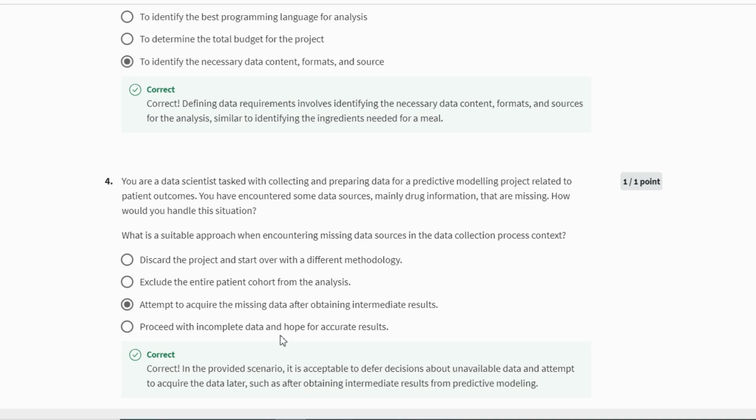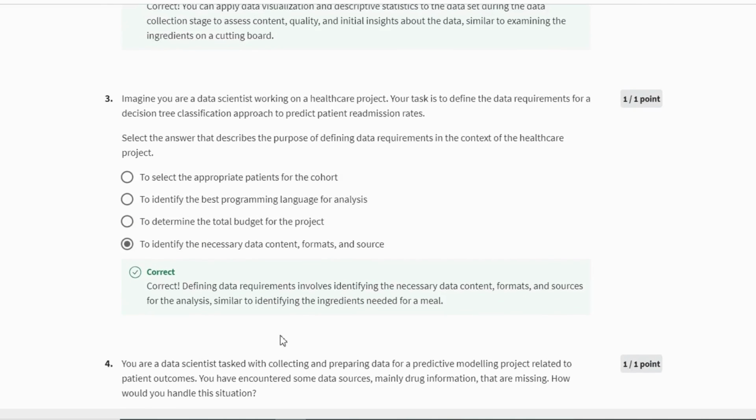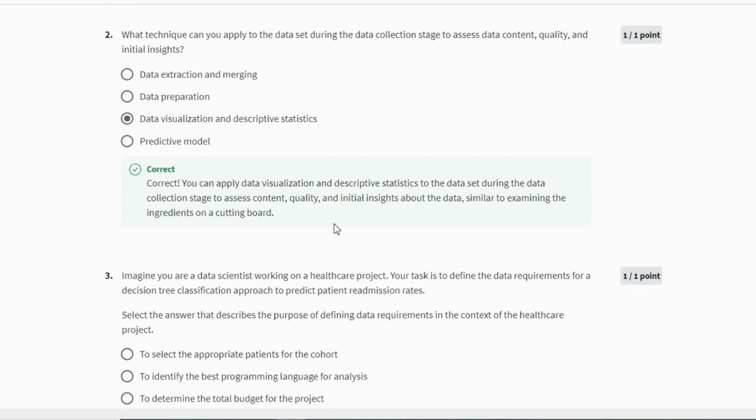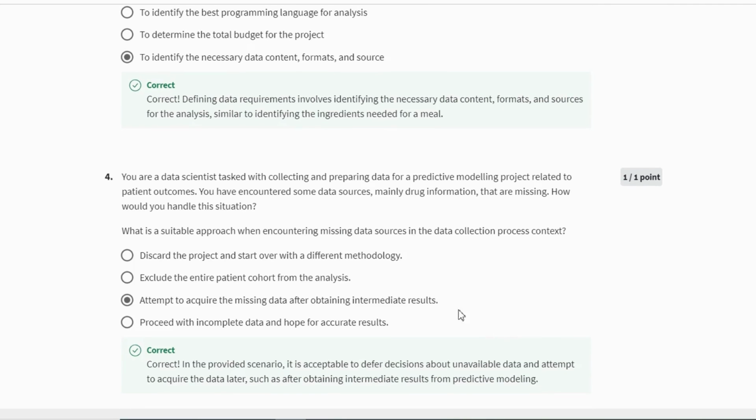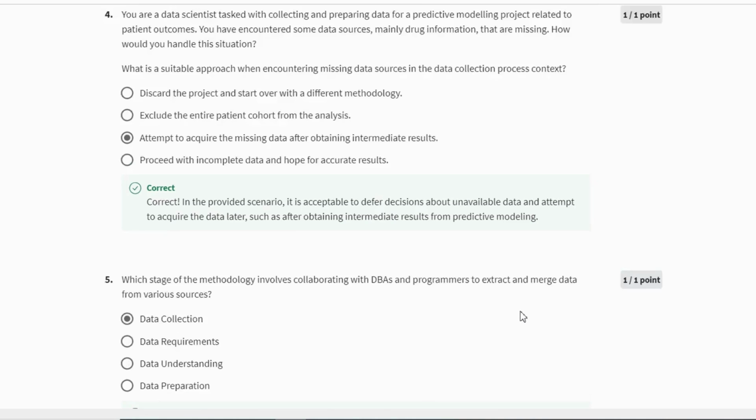So we would suggest that you attempt to acquire the missing data after obtaining intermediate results. As you get the intermediate results, you know that there is a missing value in some column, so you can attempt to gain the data to have clear insights of the data. So that is the correct answer here.